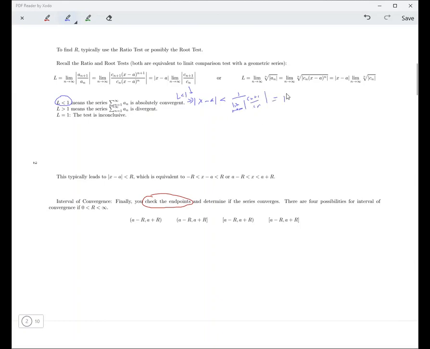Okay, and that's going to be your radius of convergence. So your radius of convergence will be 1 over this, or if you want to just go like this already, it'll be that.